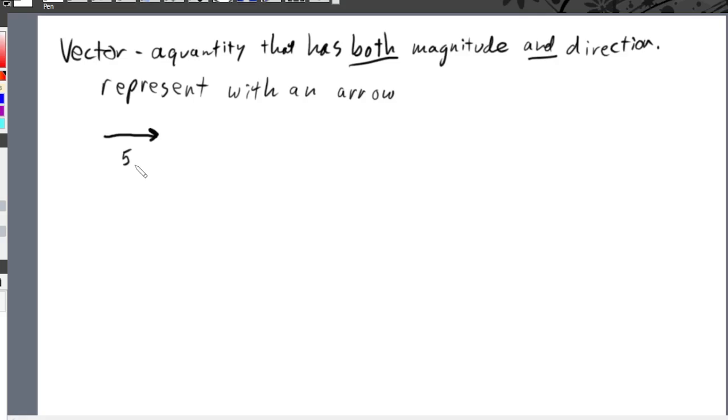I just said, hey, I've got something that has an amount of 5 units, and its direction is which way? To the right. Good. And then I could also have another one that might be 10 to the left. And what you'll notice is that these are proportional, meaning that the 10 is twice as large as the 5.